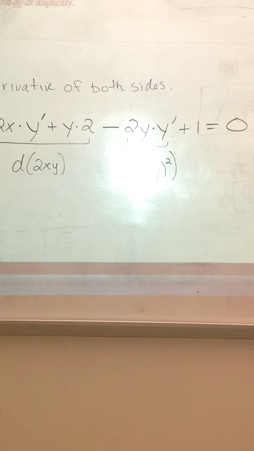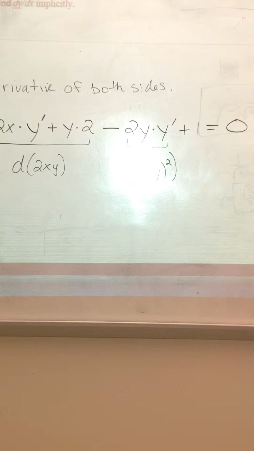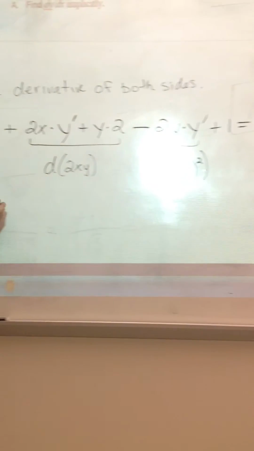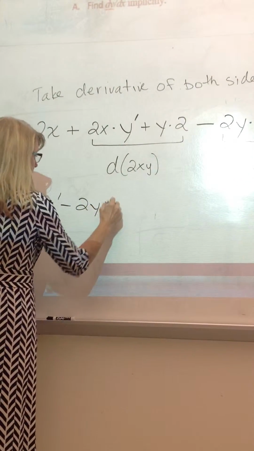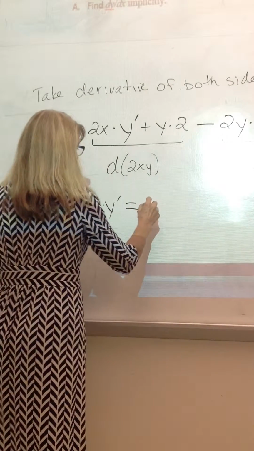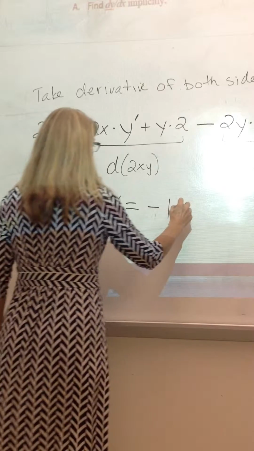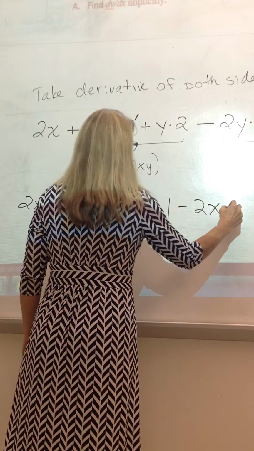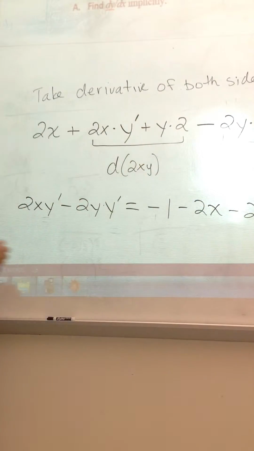Then you want to collect all the terms that have y prime. 2y prime minus 2y y prime, and move everything else over that does not have a y prime, so minus 1, minus 2x, minus 2y.